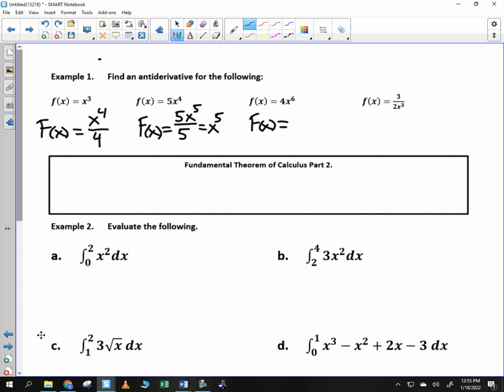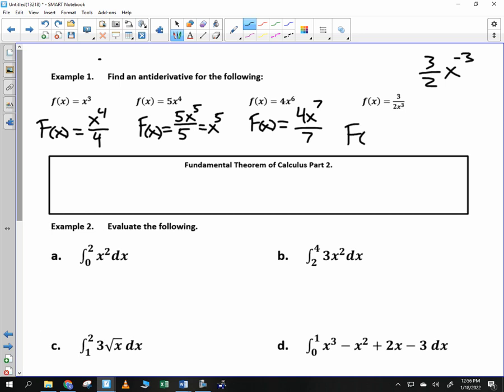I add 1, I divide by the new exponent, so I'd have 4x to the 7th over 7. Oh, it doesn't work here, does it? How do you think we should write this first before we do that? 3 over 2 x to the negative 3.